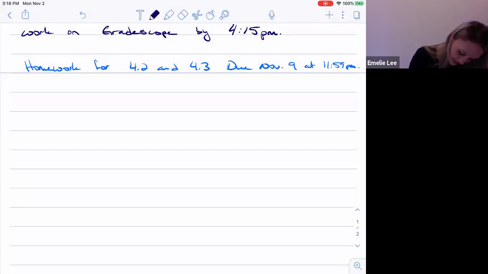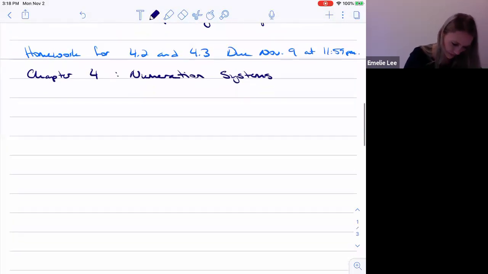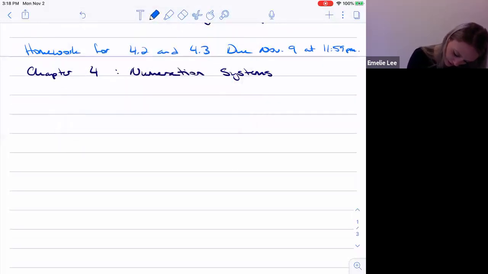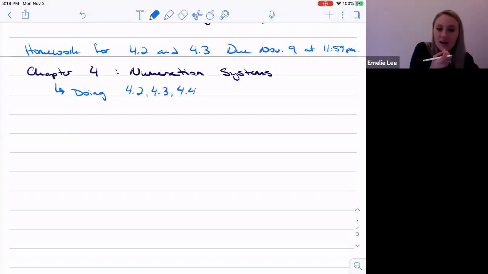Chapter 4 is on numeration systems. Just as a note, we're going to be doing 4.2, 4.3, 4.4, and then we're going to tack on some stuff that's not in the textbook, elaborating on the octal and the hexadecimal systems, which are base 8 and base 16.